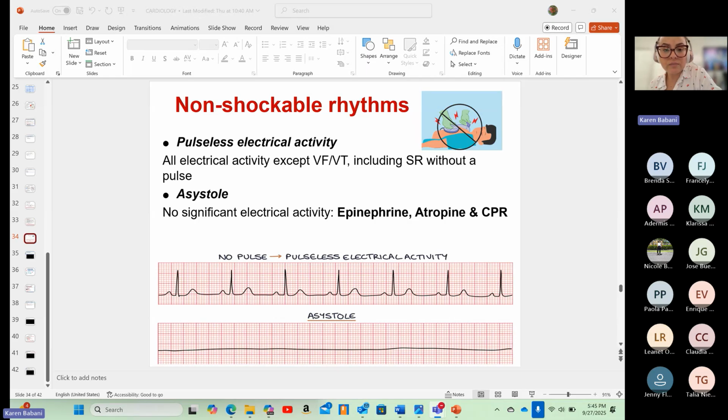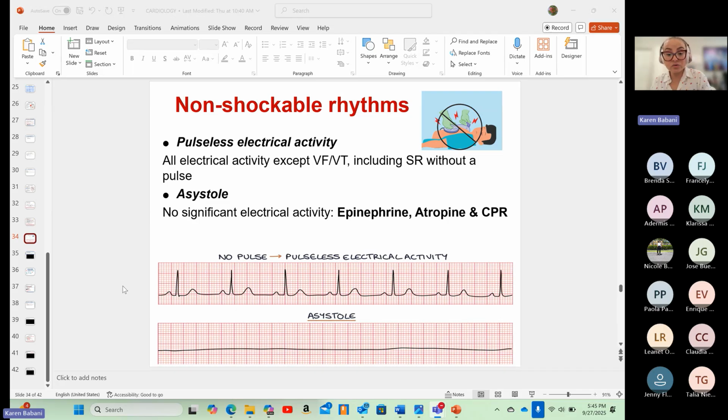I don't think they show it on that video, but being in PEA means he's looking at the monitor and seeing that first strip, PQRS, electrical activity. But when they do the ultrasound, the heart is in standstill. What does that mean? Nothing's moving. There's no atria or ventricle moving, nothing. That patient is pretty much dead or dying.